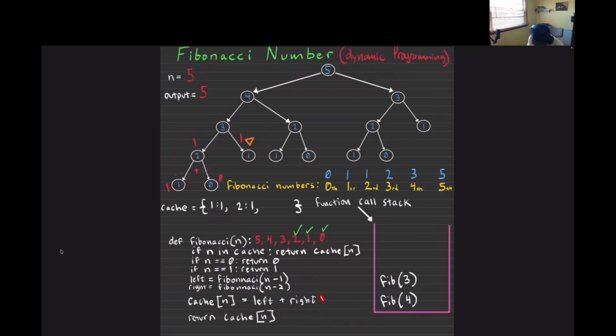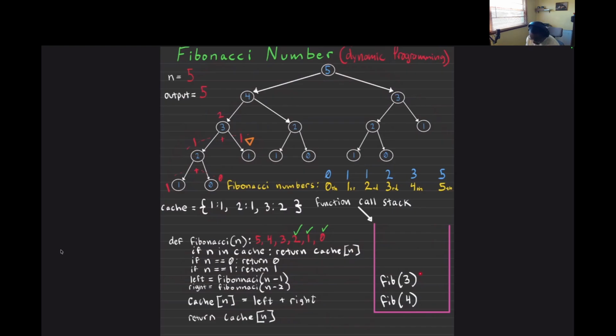I'm just doing this logic here. So cache of 3, left plus right is 2, right? Because 1 plus 1 gives us a 2. So this becomes a 2 because we're just adding, right? Just adding here. And okay, so far so good.